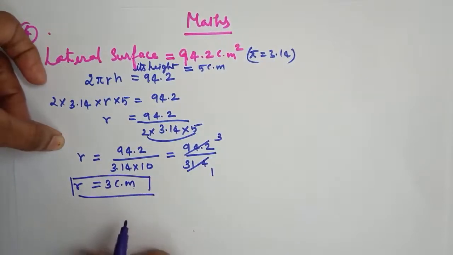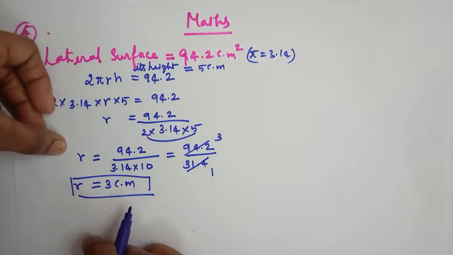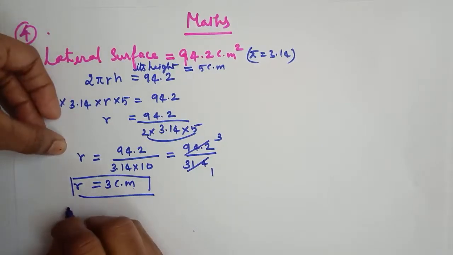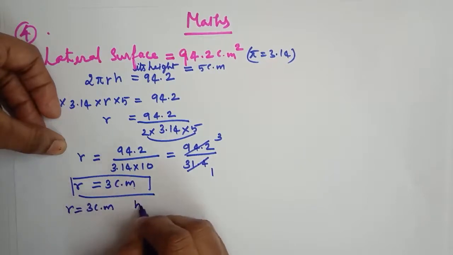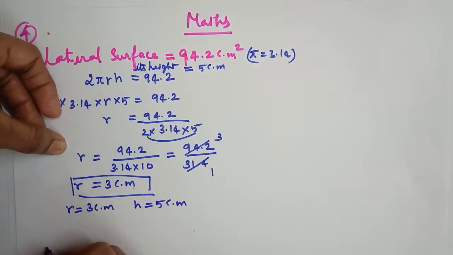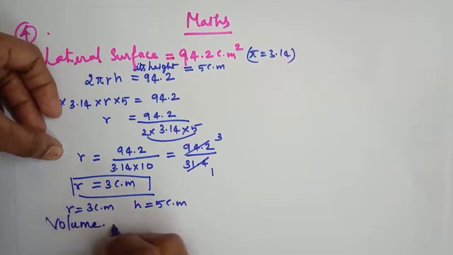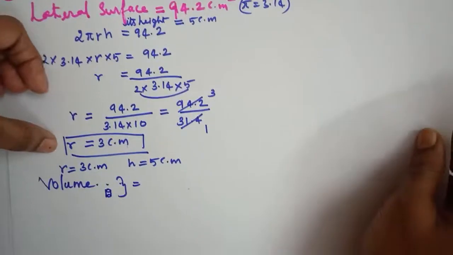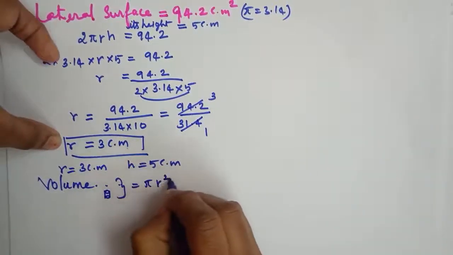Okay students, then the second one is volume. For this, r is equal to 3 centimeter, and h is already given, equal to 5 centimeter. What is the formula for the volume of the cylinder? Pi r squared h.